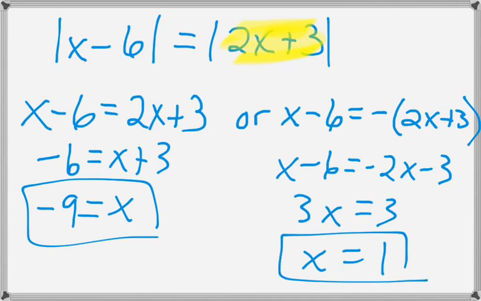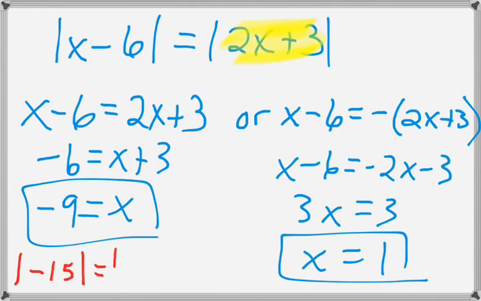So the two solutions are negative 9 and 1. And if you substitute those back into the equation, it really shows why the setup is the way it is. If we substitute negative 9 for x, we get negative 9 minus 6 inside the first one, so that would be the absolute value of negative 15 on the left.